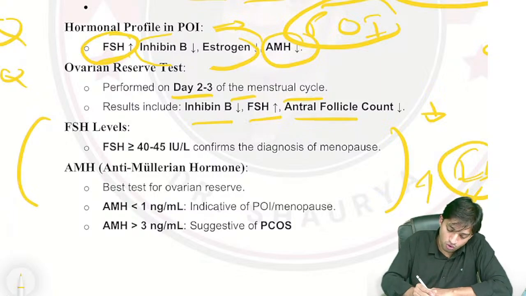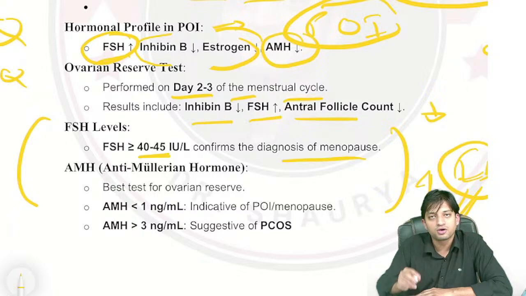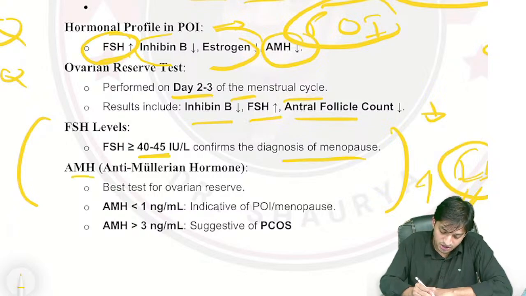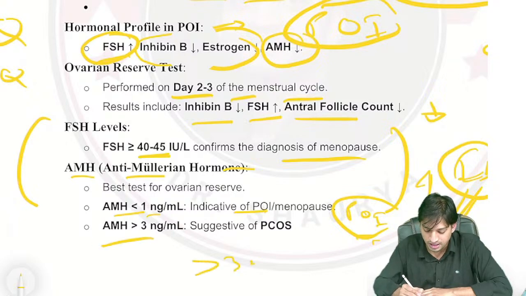FSH levels of 40 to 45 international units or more confirm the diagnosis of menopause. If the AMH level is less than or equal to 1 nanogram per ml, it is indicative of primary ovarian insufficiency. An AMH level of more than 3 nanogram per ml is suggestive of PCOS.